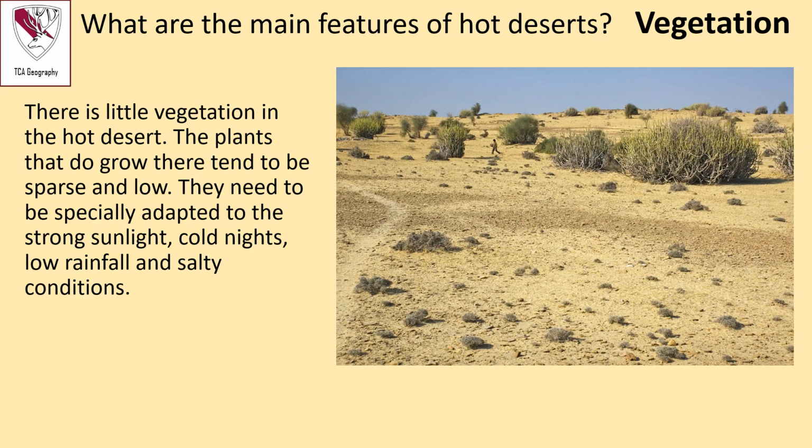So there's not a great number of plants, but the plants that there are also a lot smaller. Even the largest plants in this photograph are still small compared to plants in other places of the world. They need to be specially adapted to strong sunlight, but cold nights, low rainfall, and salty conditions.